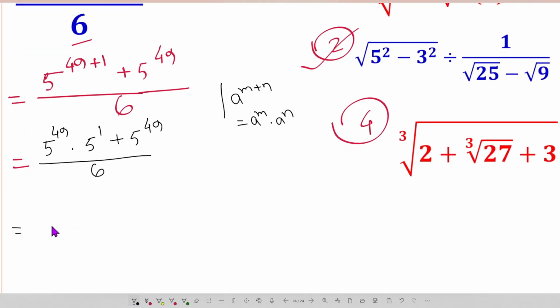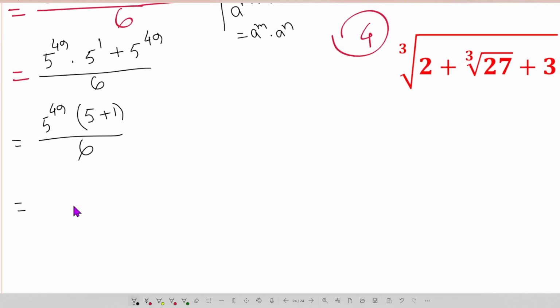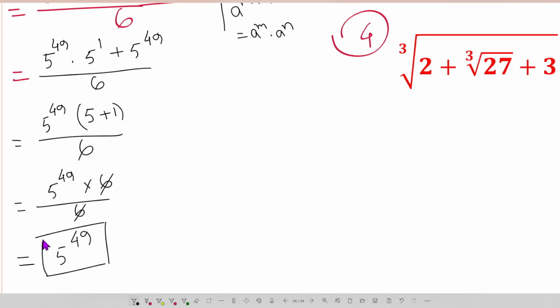Now look, 5 to the power 49 we can take common, so here is 5 plus 1, divide 6. Now look, here is 5 to the power 49 times 5 plus 1 is 6, divide 6. So 6 and 6 out, our answer will be 5 to the power 49. Very simple. This is our answer.